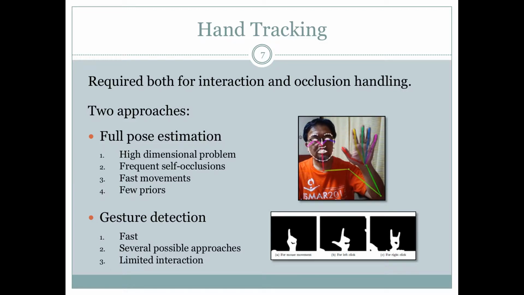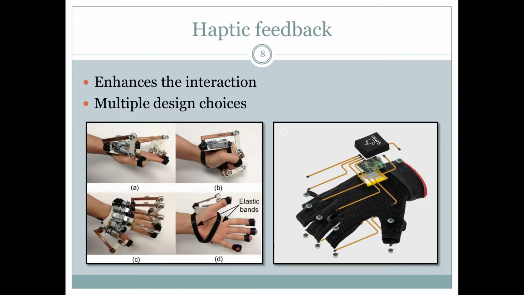However, since you are only recognizing gestures, for example, this gesture is used for moving the mouse, this is used for the left click, and this is used for the right click. That means that basically you are using the same interface paradigm of a desktop computer, but in augmented reality. You cannot interact in a three-dimensional manner with the holograms, which is limiting in the interaction aspect.